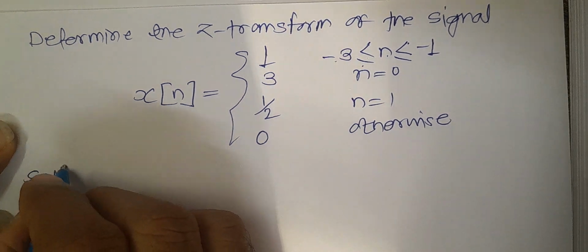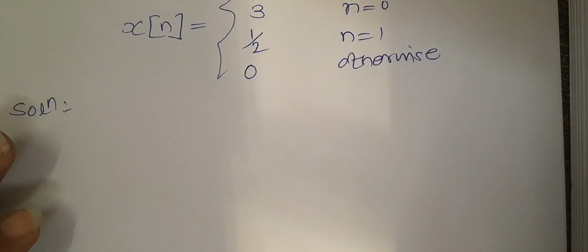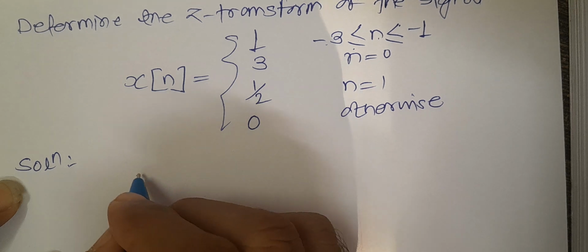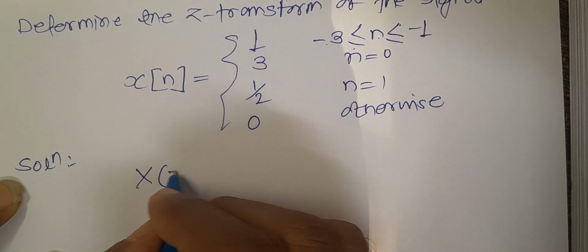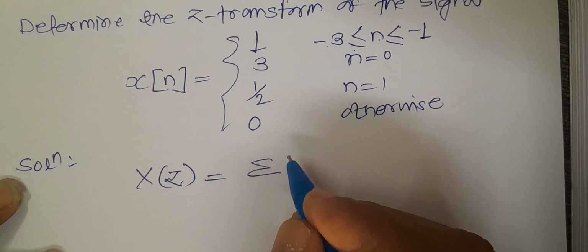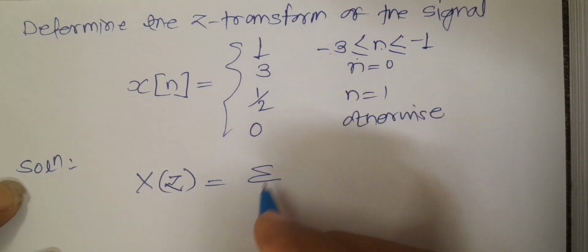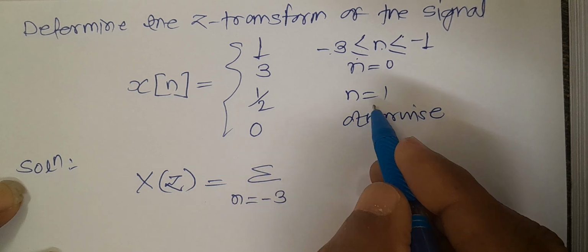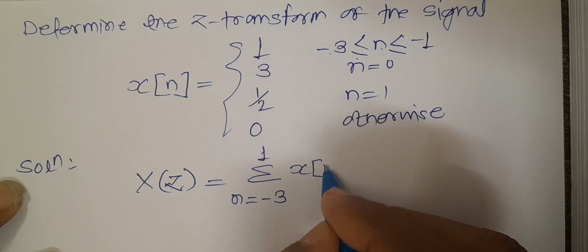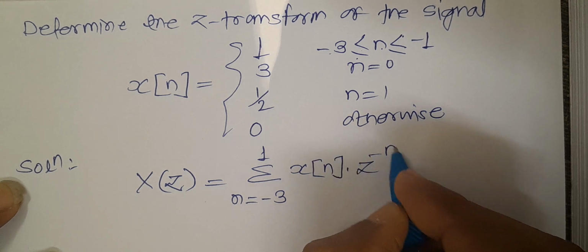Solution. X of z is equal to summation from n equal to -3 to n equal to 1 of x of n into z raised to power minus n.